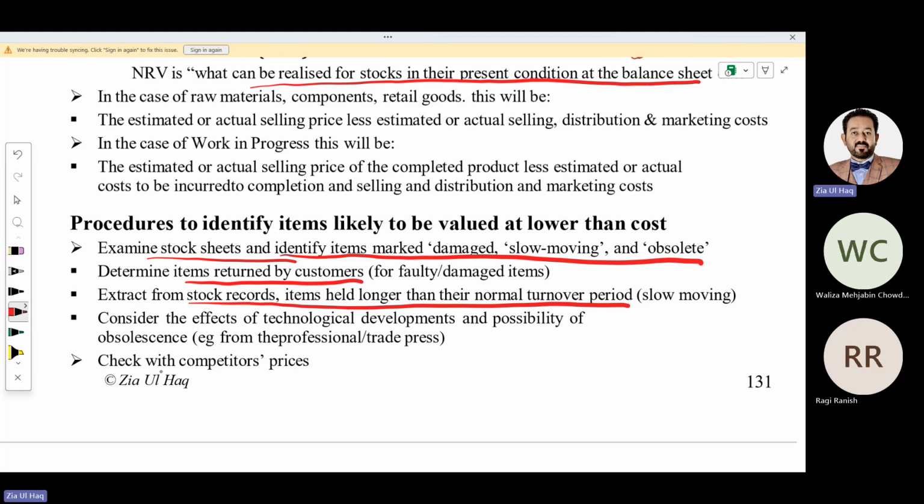We need to check competitor prices, meaning market prices, at what price these damaged and obsolete items are going to be sold in the market. If any competitor is selling its product on discount offers, which products do companies sell on discount offers, new or old? Old ones, that are a little bit damaged, a little bit repaired, or out of fashion, meaning out of date.